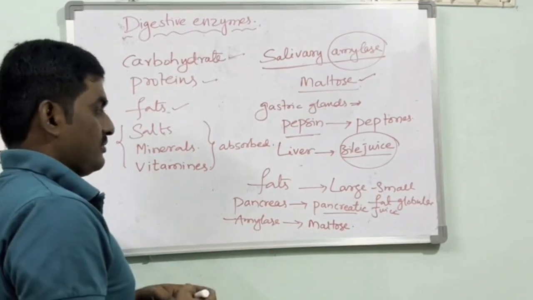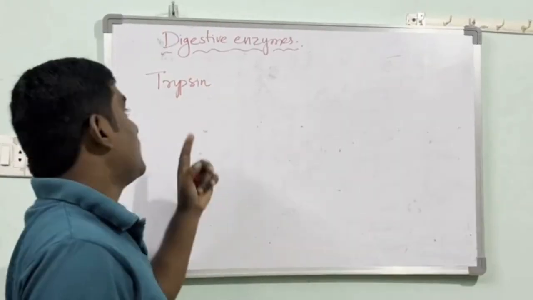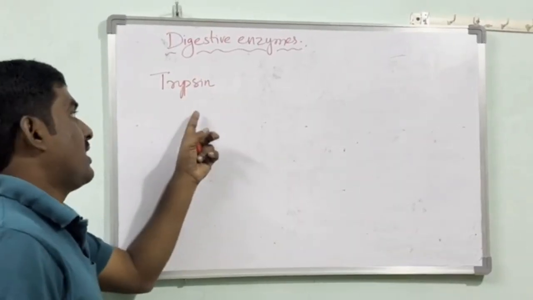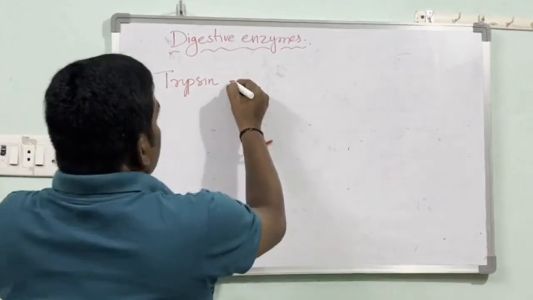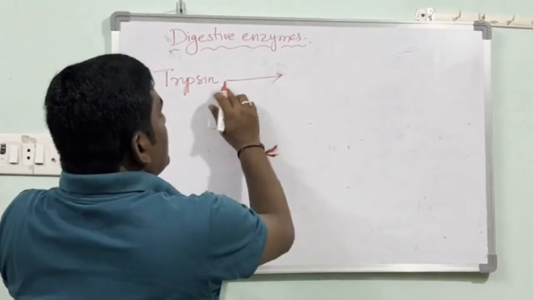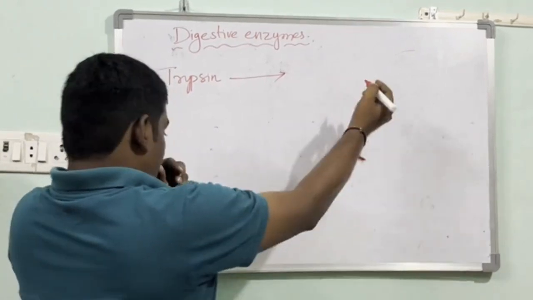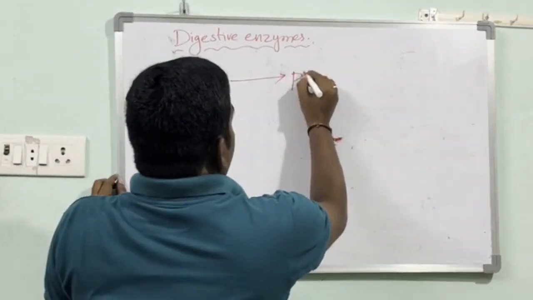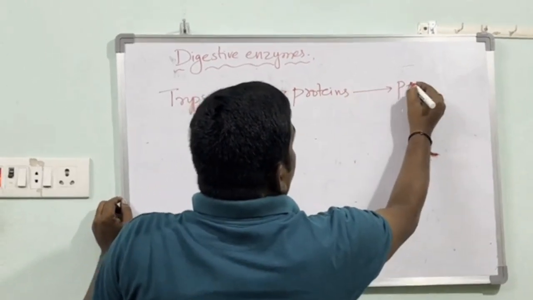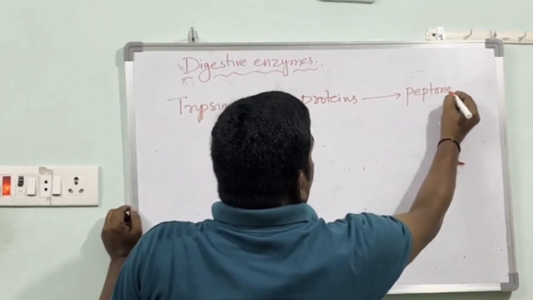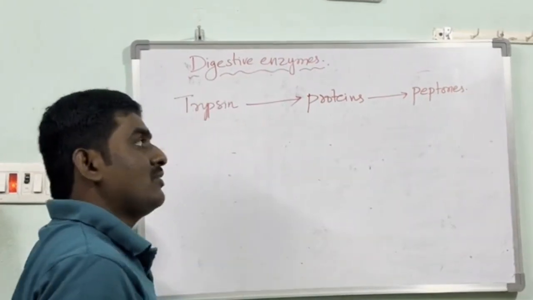Right. Next, trypsin. Trypsin is also secreted in pancreatic juice, meaning the pancreas is releasing trypsin. This trypsin acts on proteins, and the proteins are going to change to peptones.